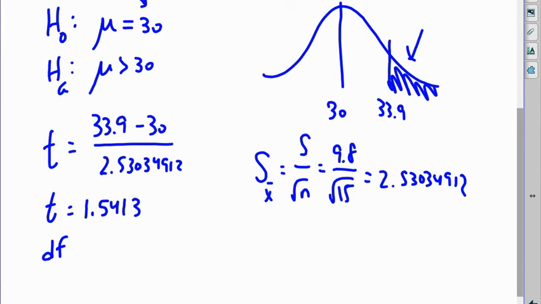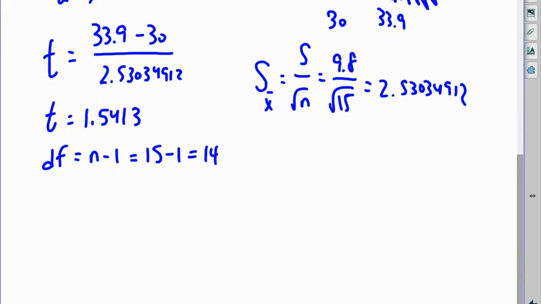Now I can't use this t-statistic without knowing its degrees of freedom. So degrees of freedom, which is n minus 1, 15 minus 1, there's 14 degrees of freedom on this curve. So I put it into the calculator and I find the probability of a t being greater than 1.5413, and I use tcdf.